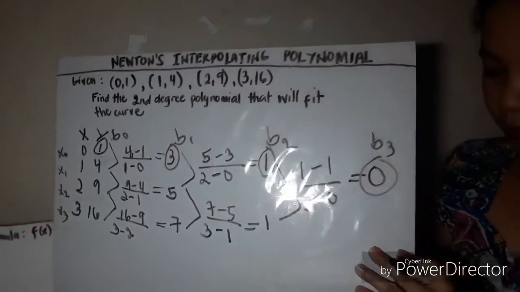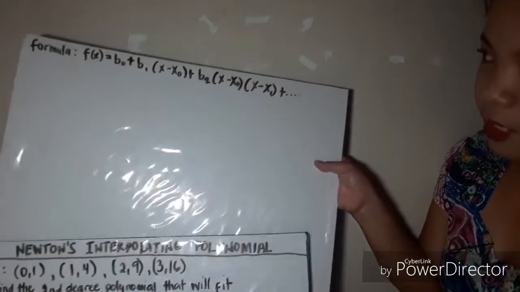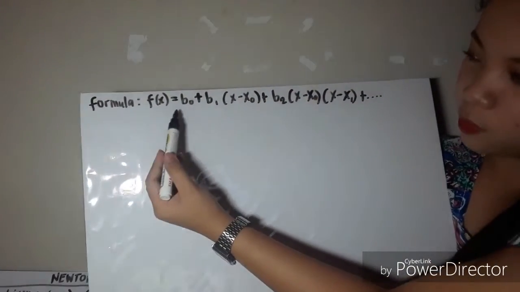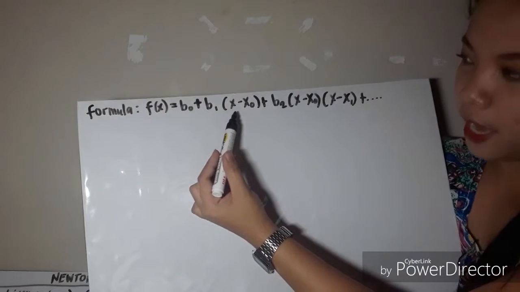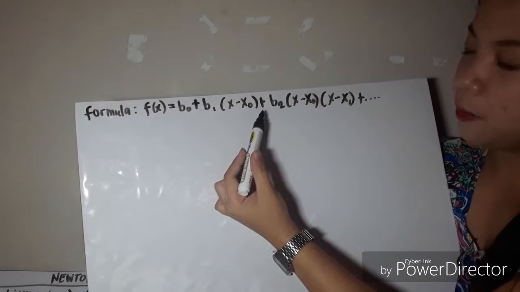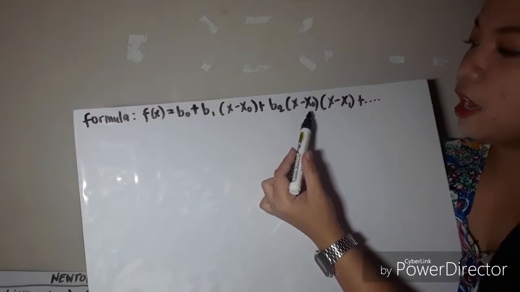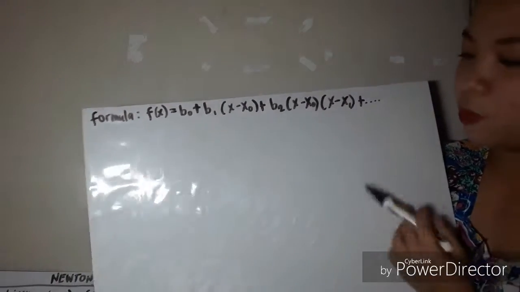The next step is to use this formula, which is f of x is equal to b sub 0 plus b sub 1 multiplied by x minus x sub 0 plus b sub 2 multiplied by x minus x sub 0 multiplied by x minus x sub 1, plus and so on.